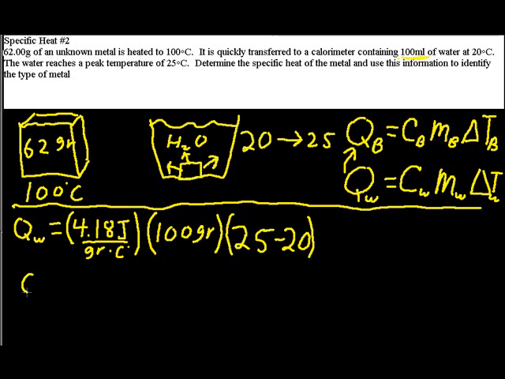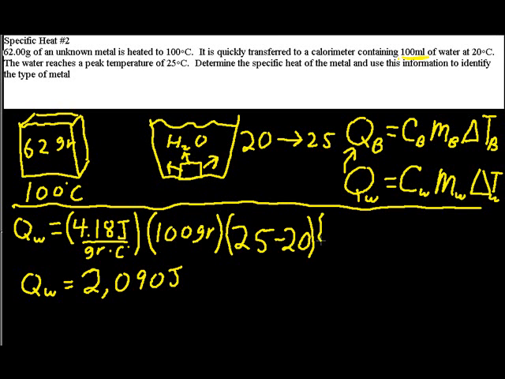Now when we do the calculation, we find that the amount of heat that entered the water is equal to 2,090 joules. So that's the heat that went into the water. And therefore, 2,090 joules is the amount of heat that left the block.